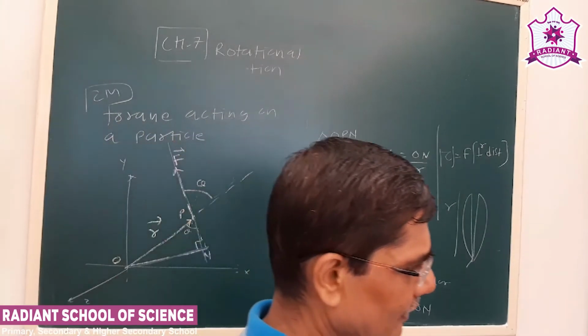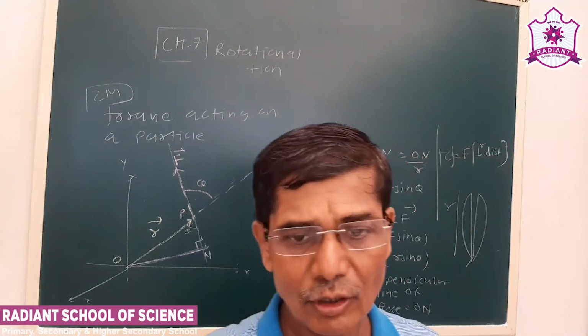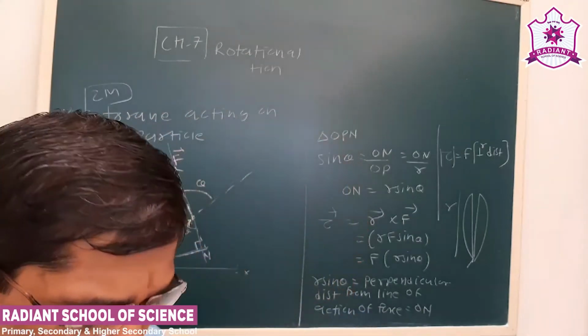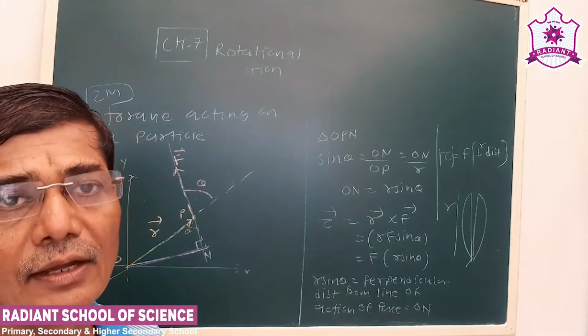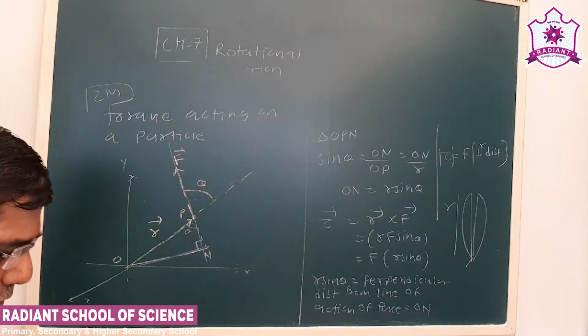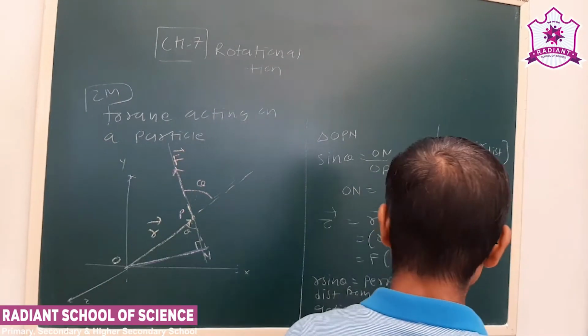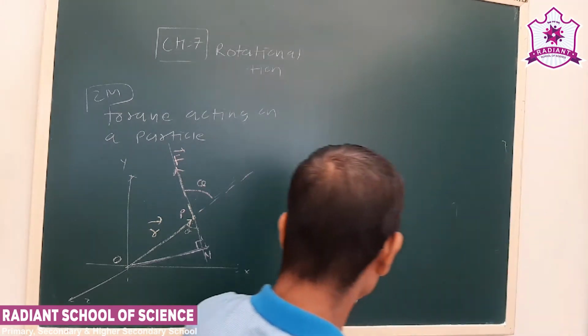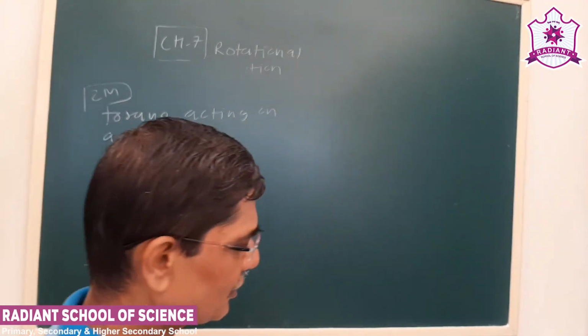Now we studied work is force into displacement. Torque is a measure of effectiveness of the force in producing rotational motion. Now torque is a new quantity for us, so we should know about the unit and dimension.